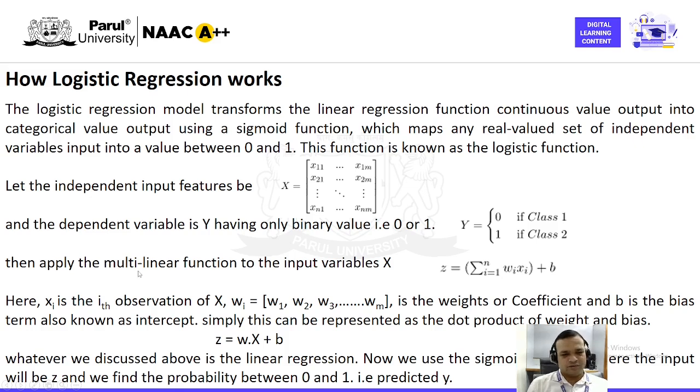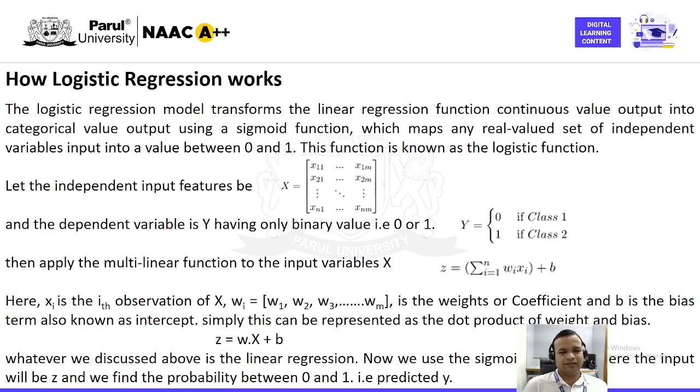Then apply the multilinear function to the input variable x. In that case we use this formula: z equals the summation of i equals 1 to n of w_i x_i plus b. b is the bias term. Here, x_i is the ith observation of x, and x is the feature set. w_i is the weight or coefficient, w1, w2. b is the bias term, also known as intercept.